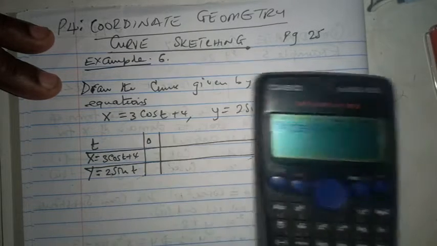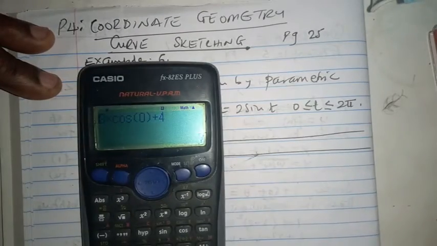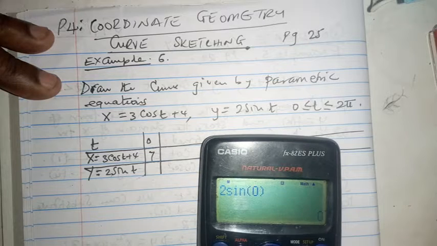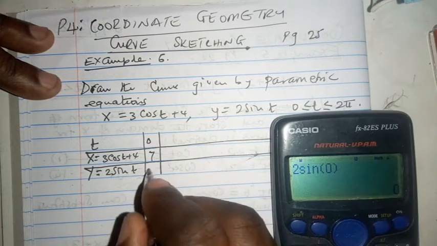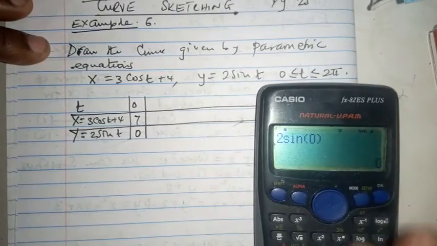What is that? 7. You get 7. What about the value of y? The value of y becomes 2 sine t, 2 sine 0, and you have 0. That is the first set of values.